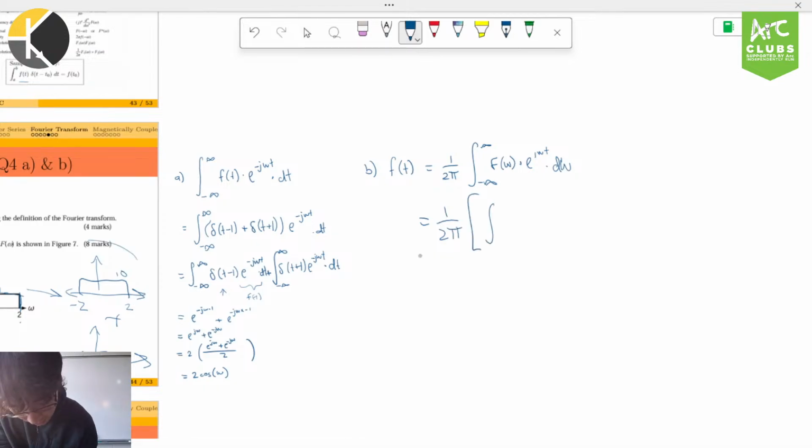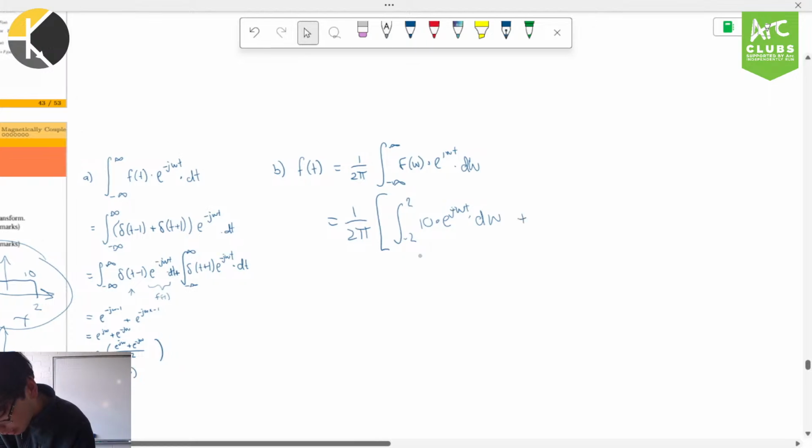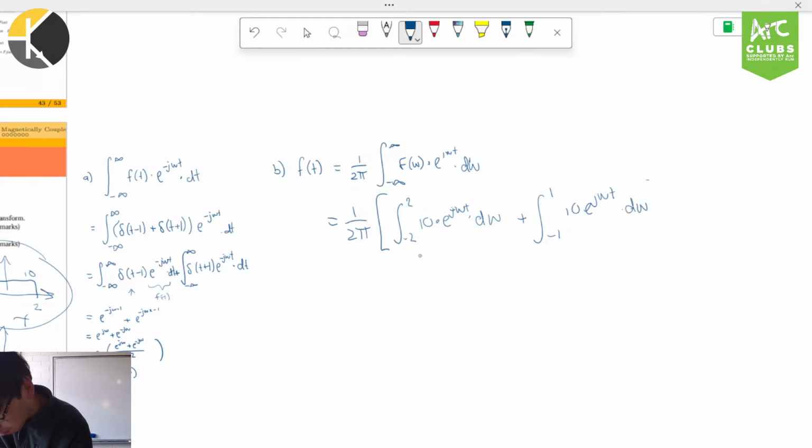So looking at this first one, we have an integral between 2 and -2 of 10 e to the j omega t d omega, and then our other one will be integral from -1 to 1 of 10 e to the j omega t d omega.